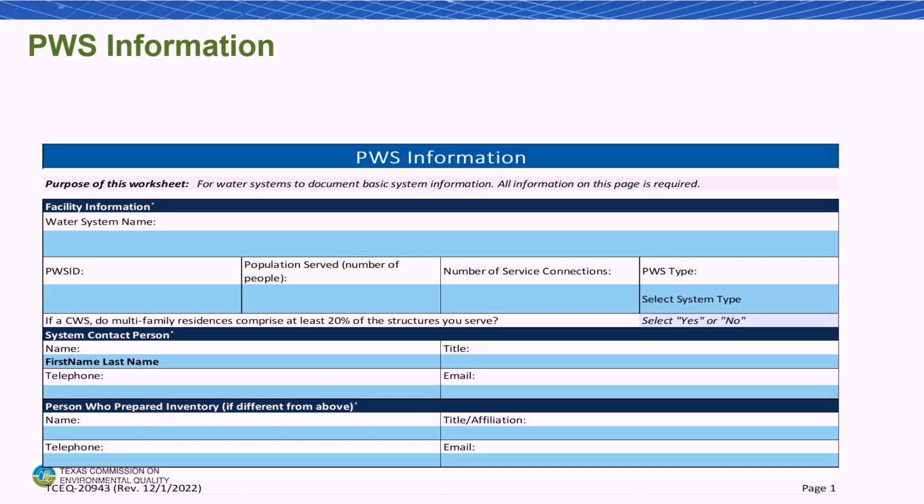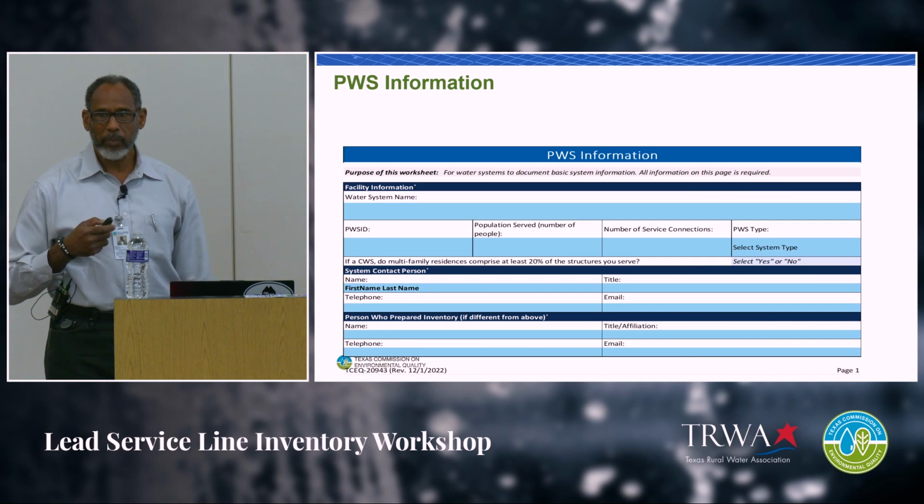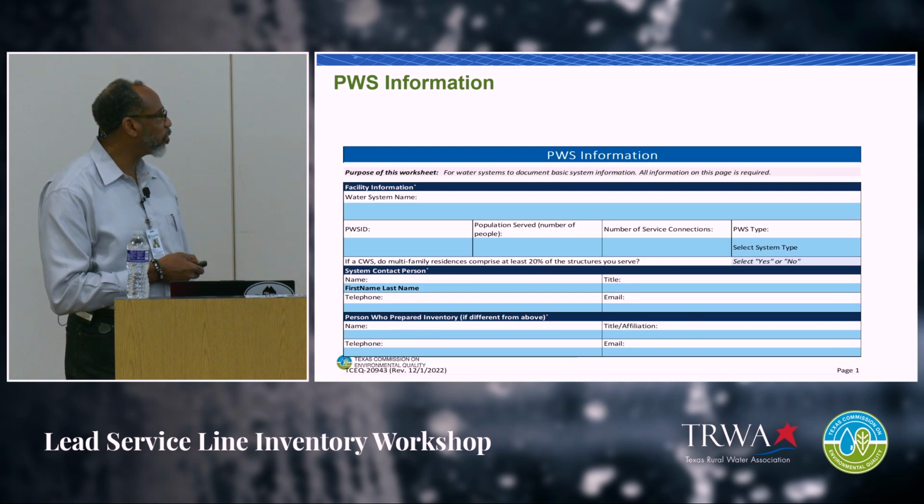That's perfectly fine. So here's the first tab, the PWS information, public water system information: water system name, ID number, population served. And this may be different than what's in TCEQ Drinking Water Watch, because in most of Texas the population is growing, so what's in the database may be less than what you actually have in number of connections.